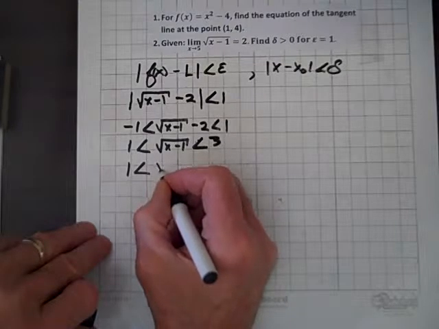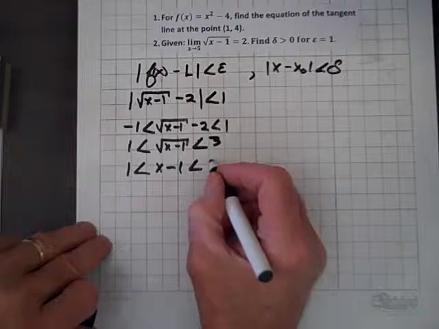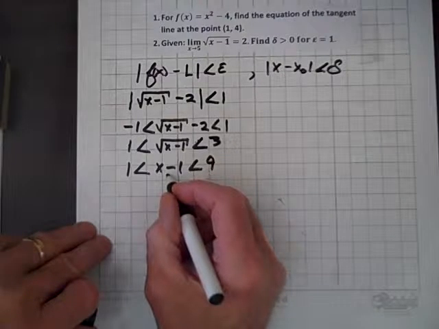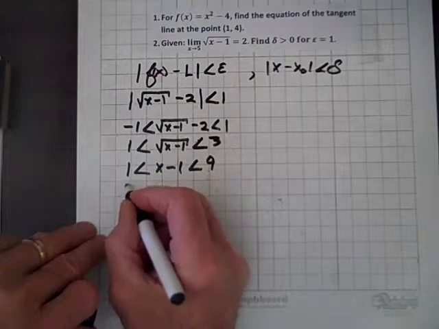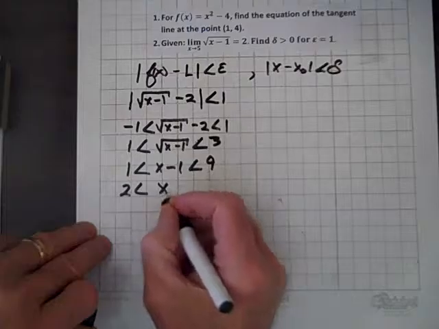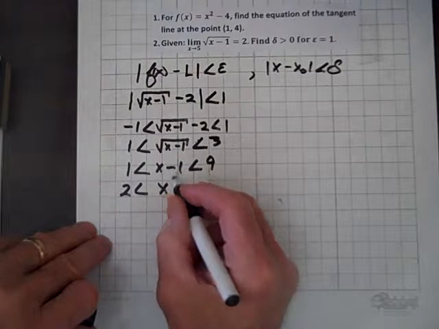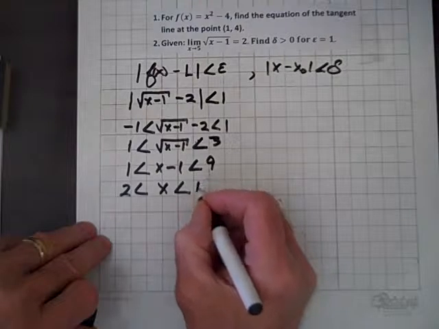Squaring this, we get x minus 1. Squaring 3, we get 9. Now to isolate x, we'll add 1 to each interval. So 1 plus 1 is 2. Here's our x. 1 minus 1 is 0, plus x is x, and 1 plus 9 is 10.